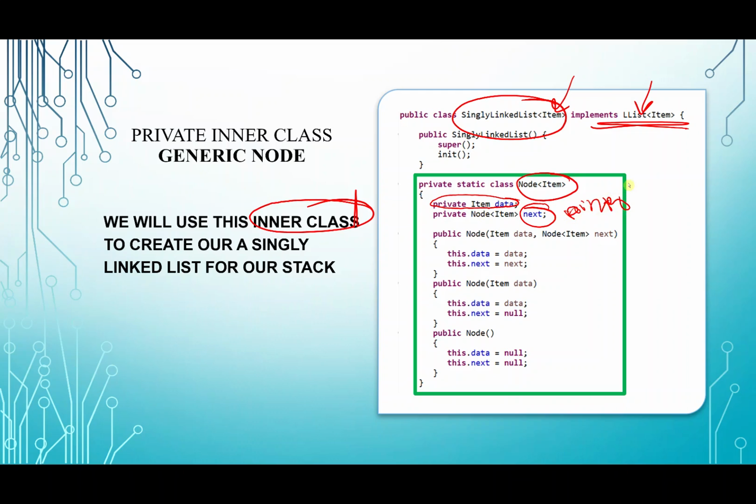We are going to call it next because in a singly linked list, this node is pointing to the next node and that node is pointing to the next and so on. So every node points only to the next. It does not have any previous pointers, just the next. So we're calling that next. And I said that I'm going to show you why it's called self-referential, because it's a node.